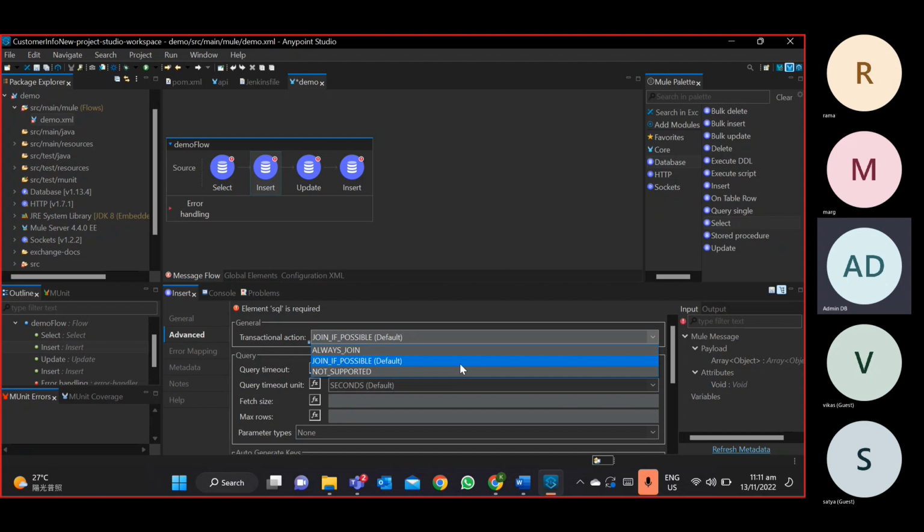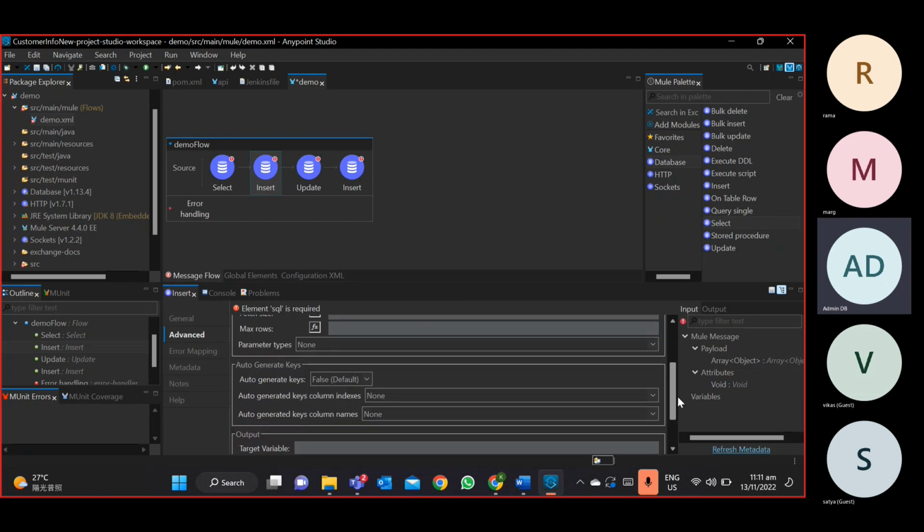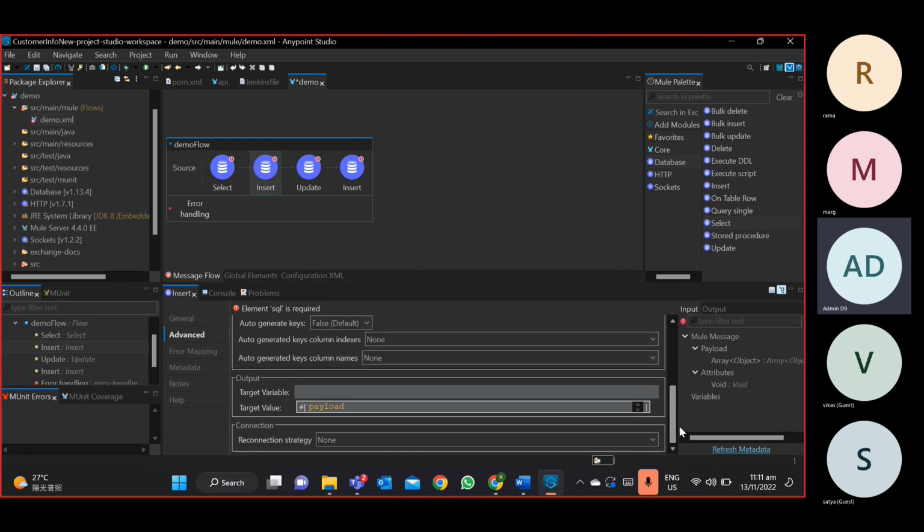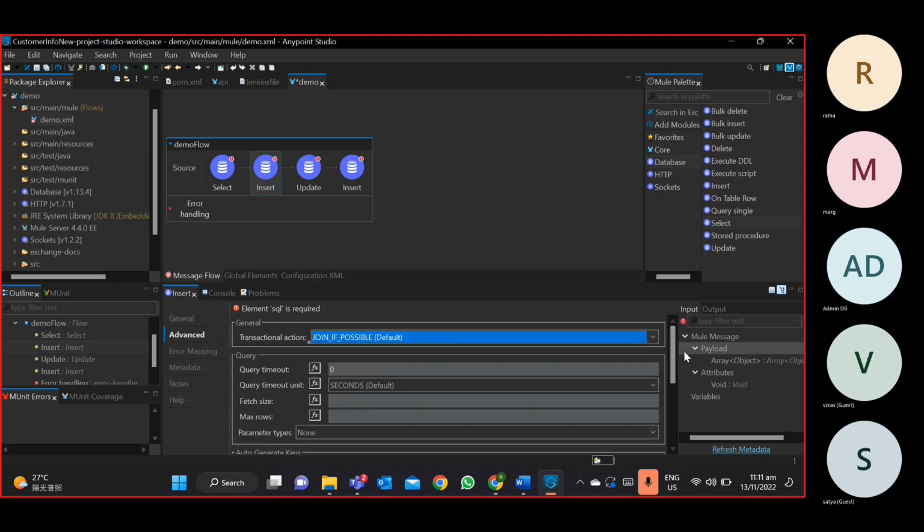Everything has its meaning, and we will discuss in some time in which scenario we should select this transaction action. Once it participates in the transaction, the transaction manager automatically starts managing those transactions.